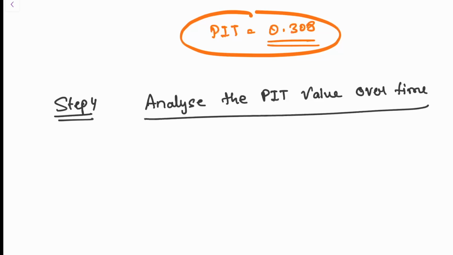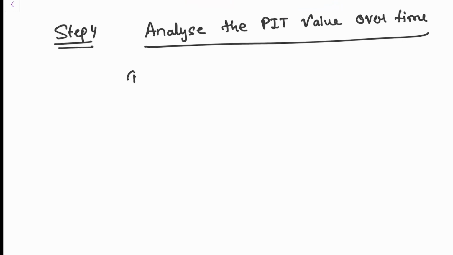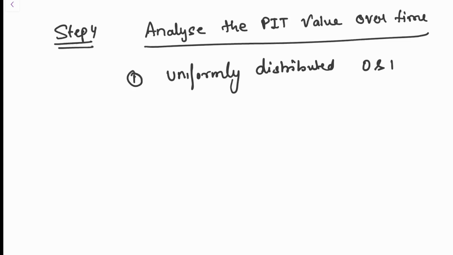Clear? Now if our VaR model is correct, if our model is accurate, then point number 1: PIT values are uniformly distributed. That means the value of the PIT will be between 0 and 1.